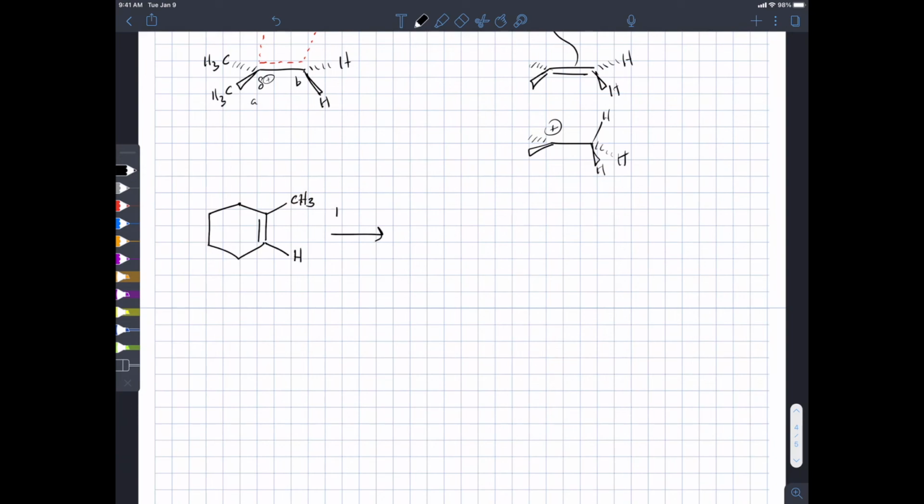If we do hydroboration oxidation, we'll first make an alkyl borane in which the hydrogen and the BH2 get delivered to the same side as the original alkene. And if the molecule or intermediate we make is chiral, we have to make both enantiomers.